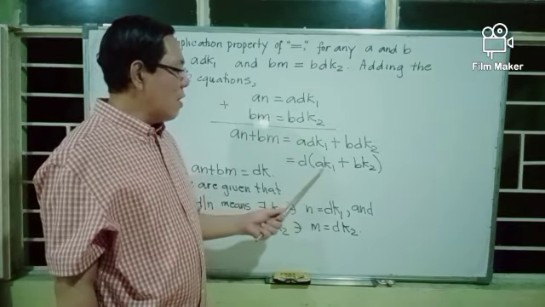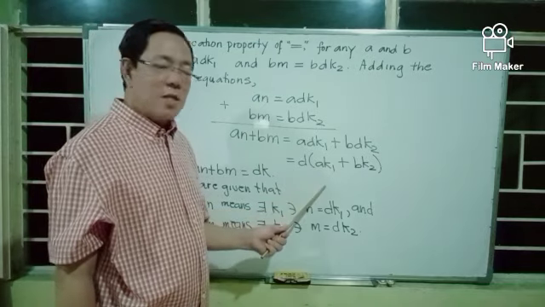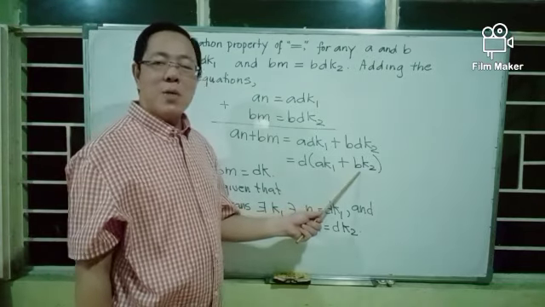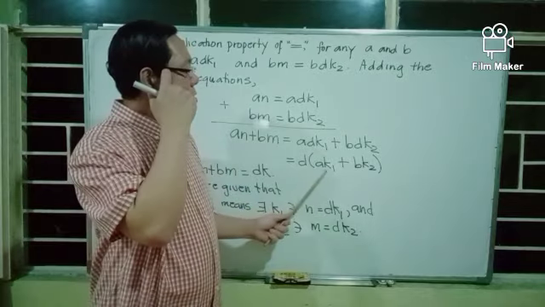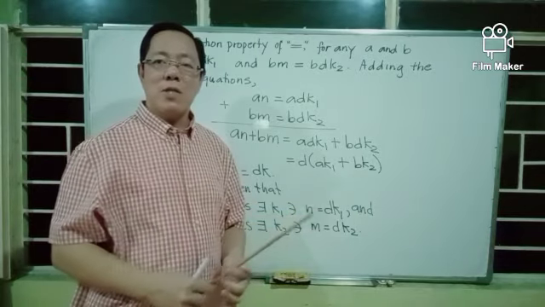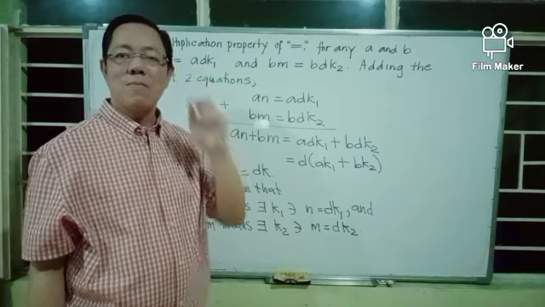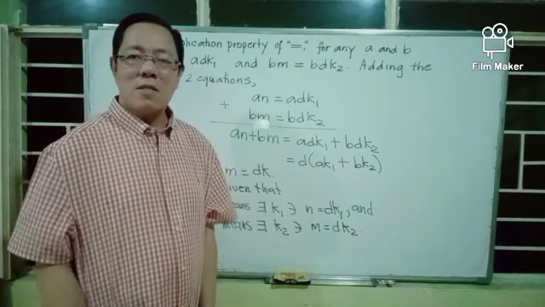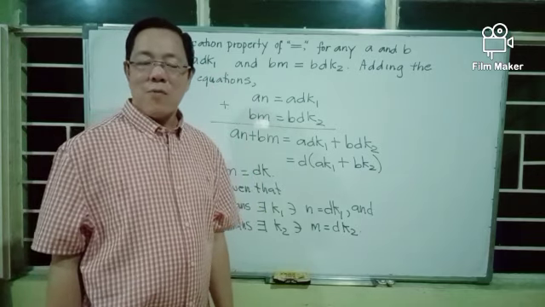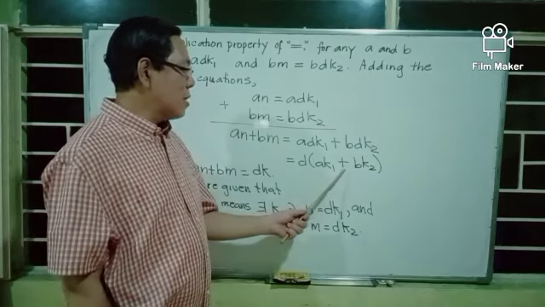Hence, the sum of a k1, which is an integer, and the integer b k2, the sum of these two integers is again an integer, because the set of integers is closed under addition.